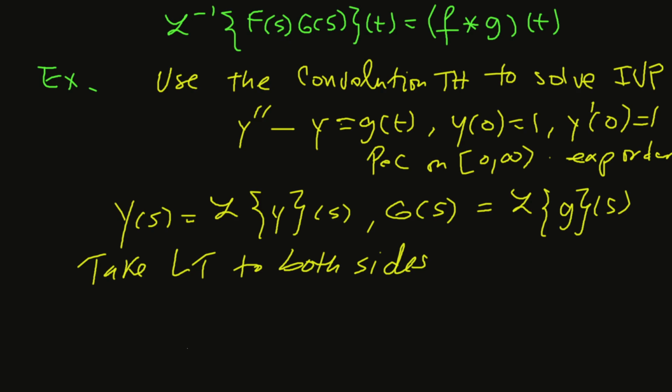We know the rule for the second derivative there. It's going to be s squared times the big Y minus s times y of 0, which is 1, minus y prime of 0, which is 1.